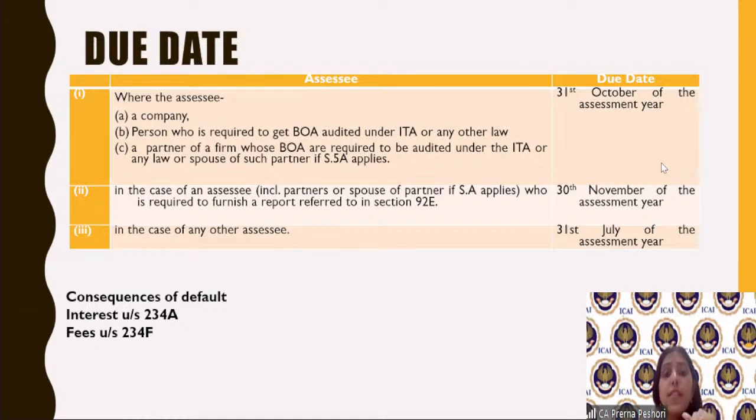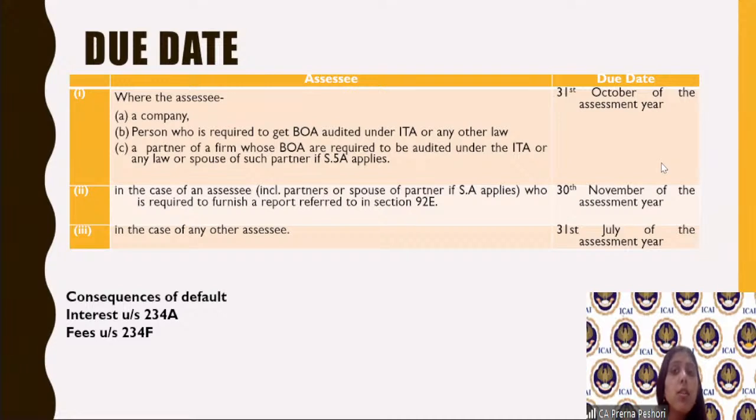If all the self-assessment tax is also paid before filing the return of income, then no interest under 234A will be charged. And it will be chargeable from the due date till the date of furnishing the return. And where no return has been furnished, then till the date of completion of the assessment. Right? We have done that.